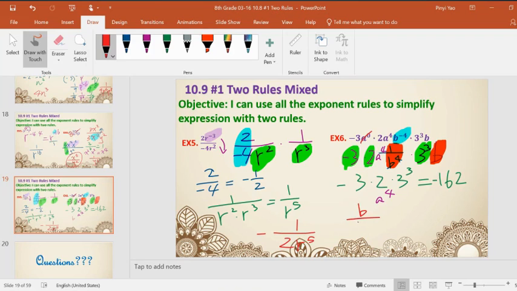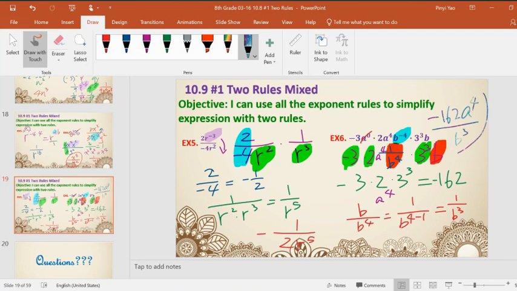So b over b to the 4th, big minus small, which is on the bottom, 4 minus 1, which gives you 1 over b to the 3rd power. And our final answer would be negative 162 with a to the 4th on the top and b cubed on the bottom. That is our final answer.